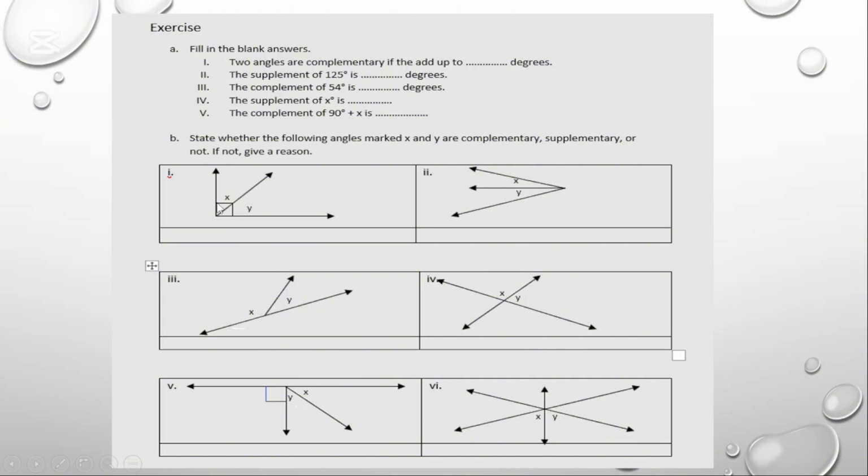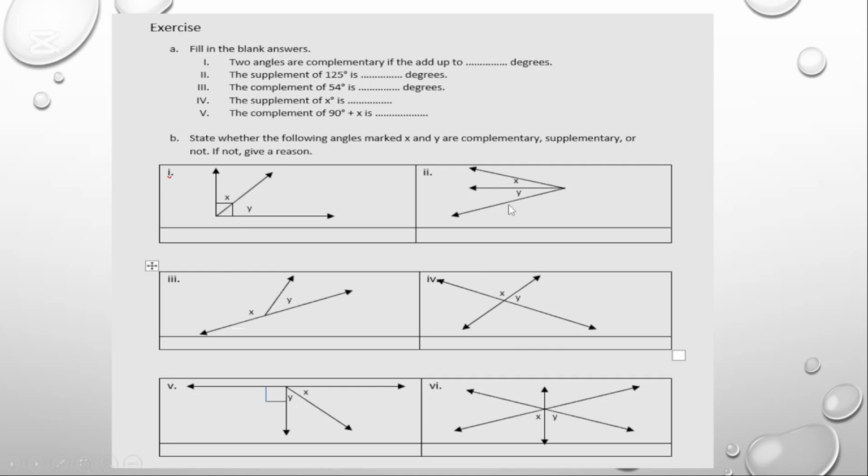Okay, we see the little block there that tells us immediately that these angles add up to, is it now 180 or is it 90? Right, so we know the block is for 90 degrees. And what are they? They are complementary.